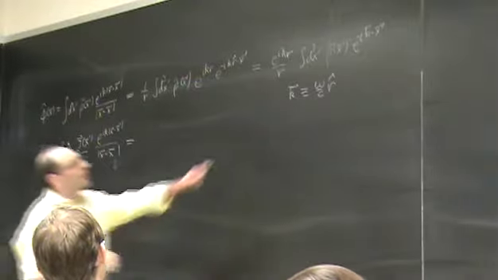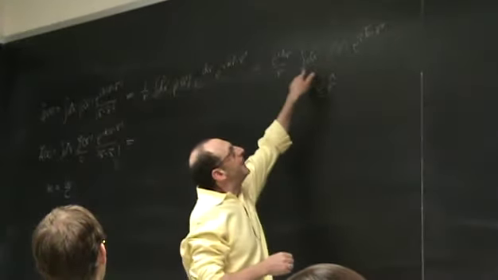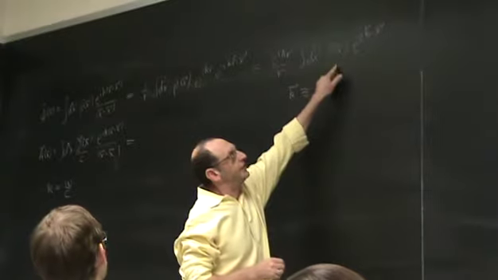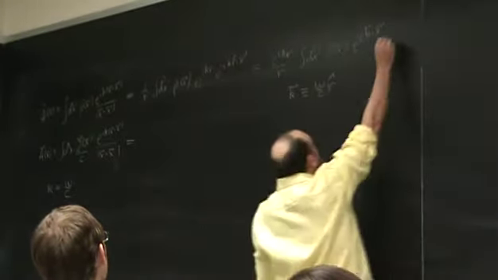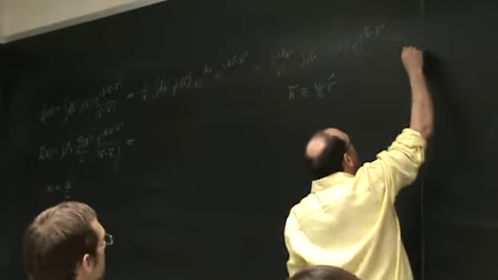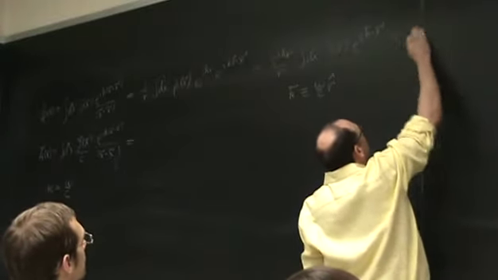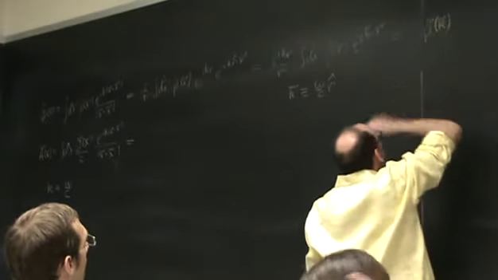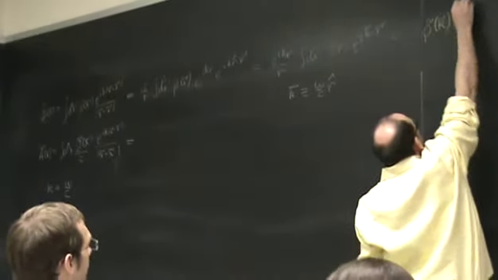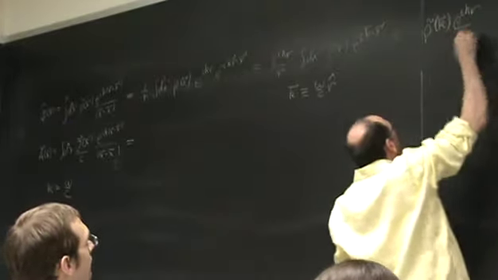And this we recognize as the spatial Fourier transform of rho. So this then is equal to rho, the Fourier transform as a function of k, e to the ikr over r.